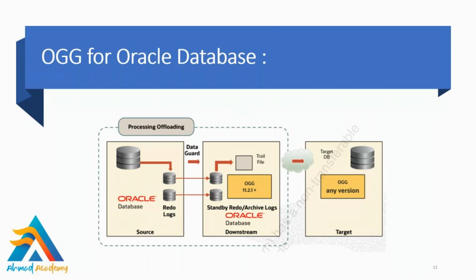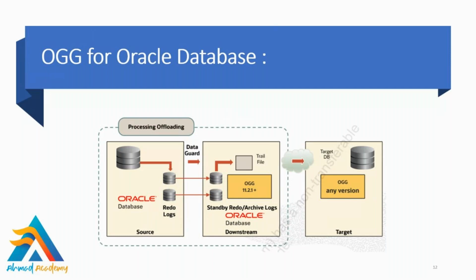In the minimum version you can have a later version such as Oracle GoldenGate 19c. So GoldenGate and Oracle database version numbers are not necessarily in sync. That is, you can run Oracle GoldenGate 19c against Oracle database 11.2.0.1. So the downstream database is not a standby database. So these are the points we should know about offloading redologs.